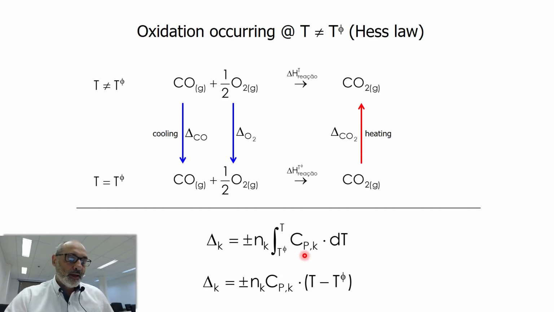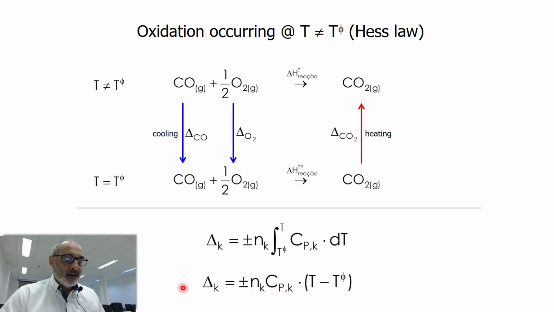using the specific heats of each component. And since it's a perfect gas, the specific heat is constant. We can take it out of the integral. We get delta T. So this is very well known.